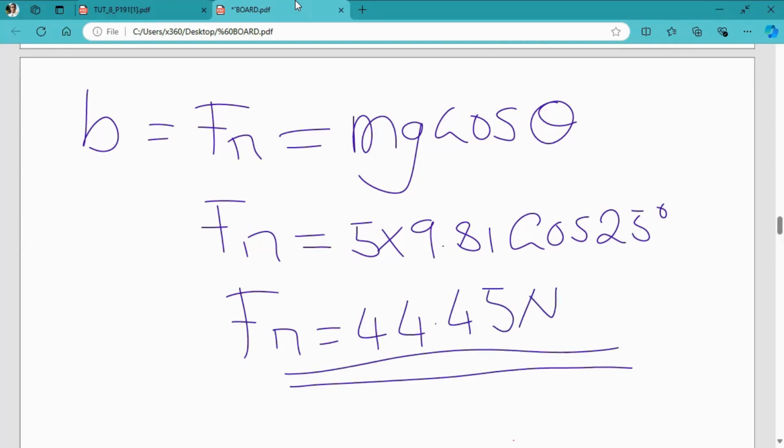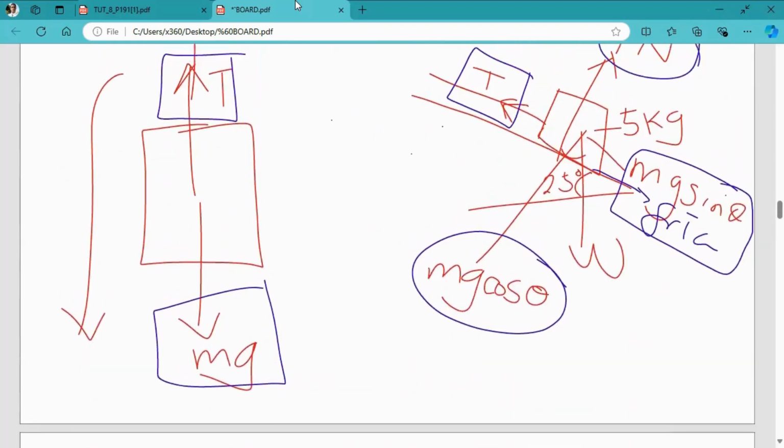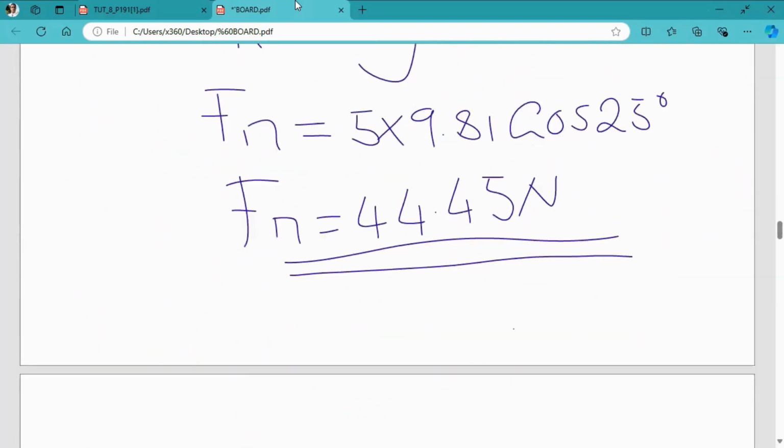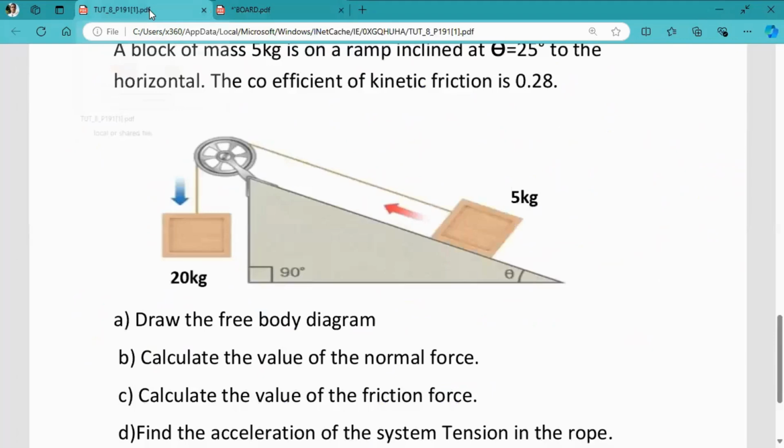So that is the normal force according to what we have on our diagram. Our mg cos theta, our normal force, is 44.45 newtons.